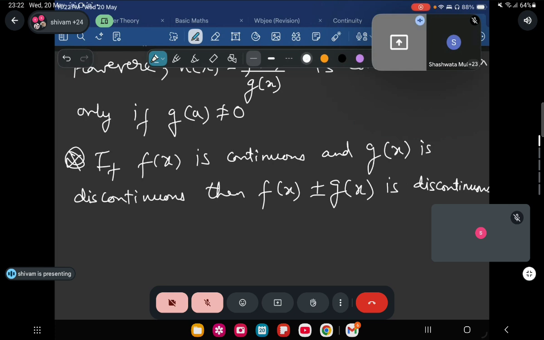Then of course we can say that f of x plus g of x is discontinuous.